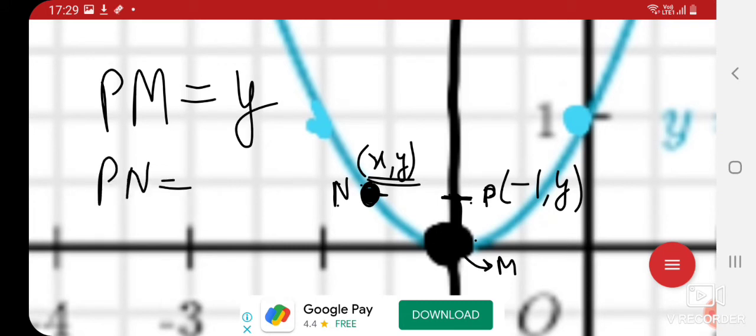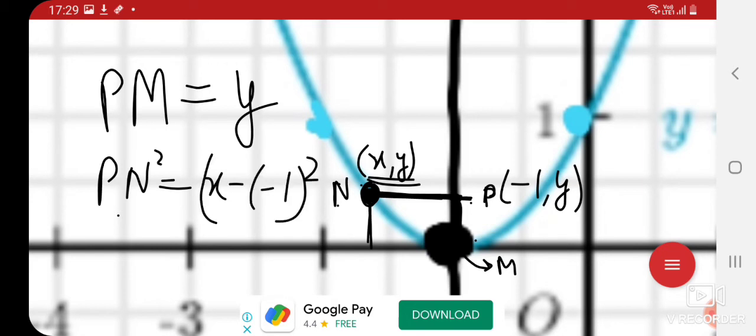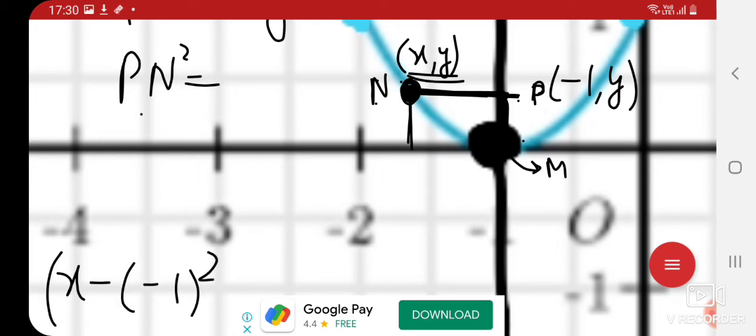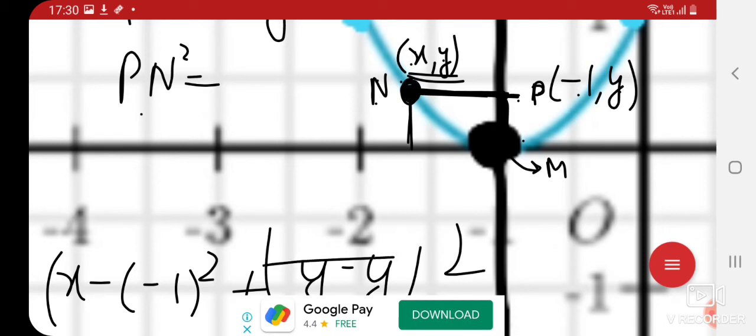What this PN will be? This PN square will be equal to x minus minus 1 square, that is x plus 1 square, plus y minus y square.